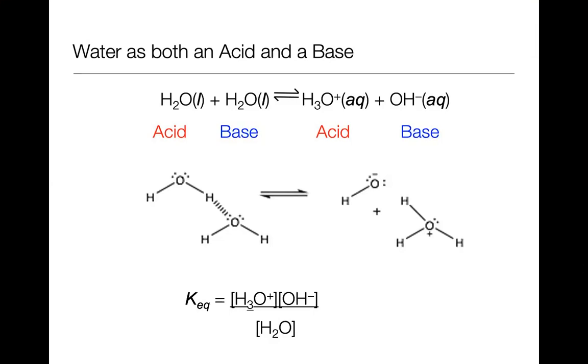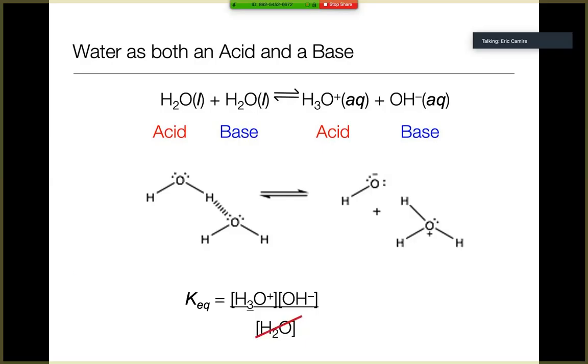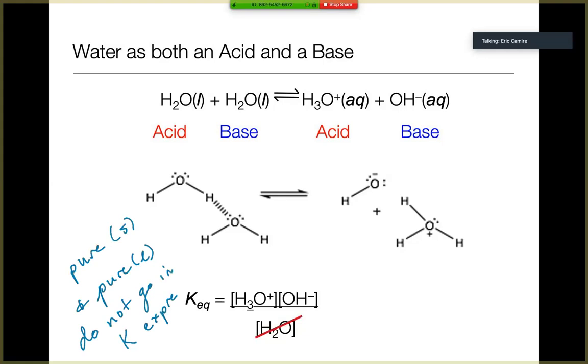But, and we caught this last week, we know water is not part of that K expression, right? Because pure solids and pure liquids do not go in the K expression, right?